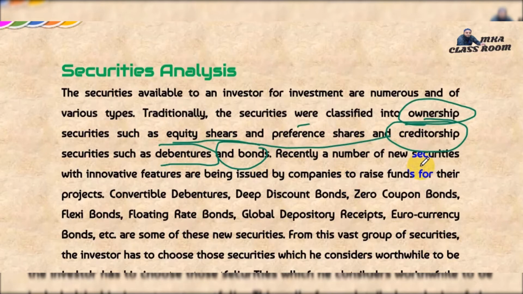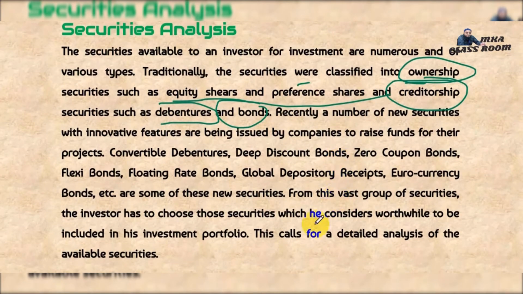Recently, a number of new securities with innovative features are being issued by companies to raise funds for their projects: convertible debentures, deep discount bonds, zero coupon bonds, flexi bonds, floating rate bonds, global depository receipts, euro currency bonds, etc. Some of these new securities are now issued in the capital market to raise funds.